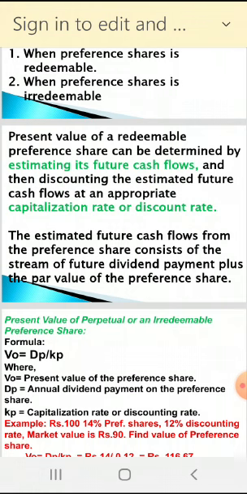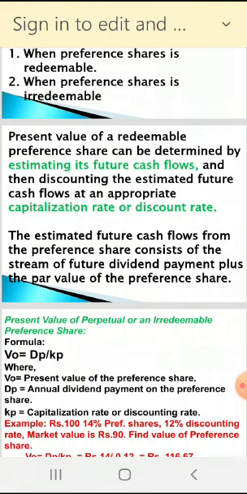The estimated future cash flows from the preference share consist of the stream of future dividend payments plus the par value of the preference share, that is, we get the refund in a redeemable preference share.